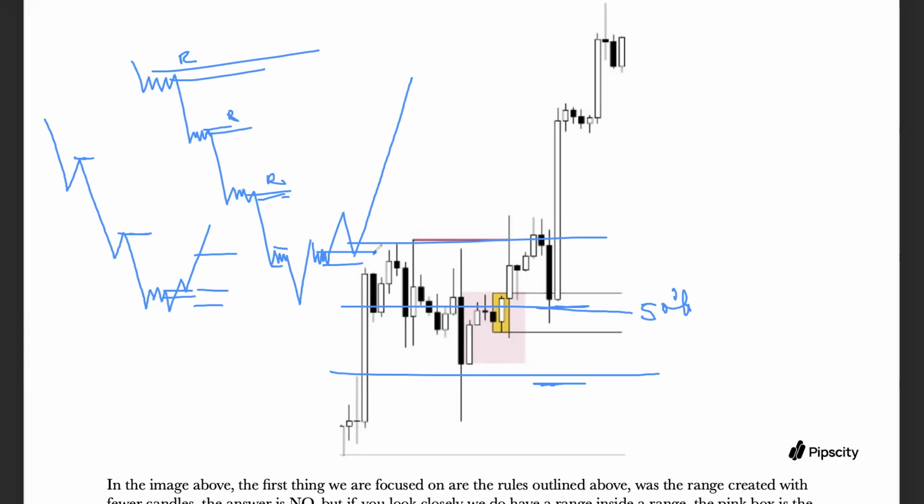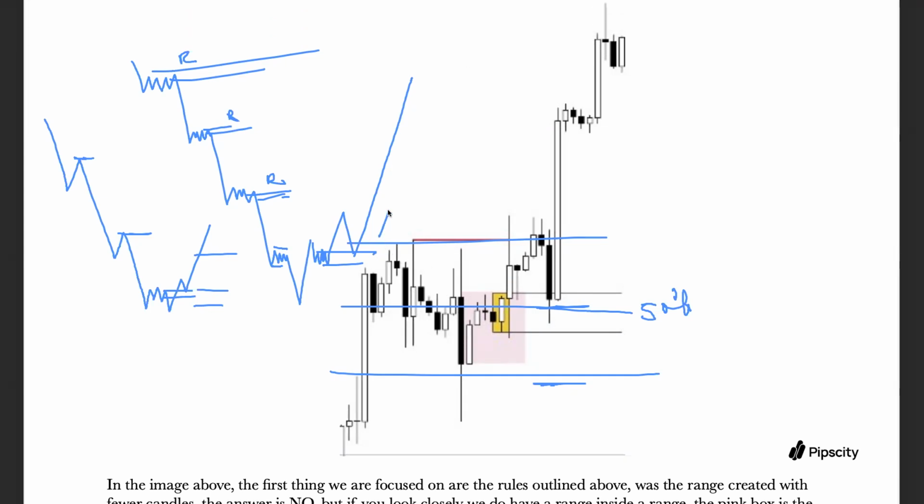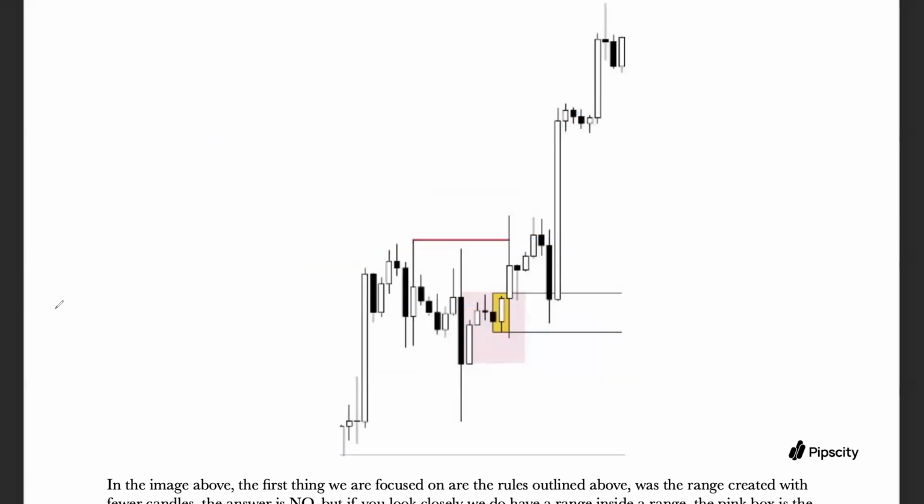So you could have multiple entries, or for those who prefer the concept of taking partials, you can always take partials, or you can trail your stops if you prefer that. You can trail your stop by moving your SL into profit every time a major higher low is created. Once this higher low is created, it's protected, and because it's protected, you don't expect price to break it. The moment price breaks any significant level, there's a possibility the market wants to change its direction. Okay.